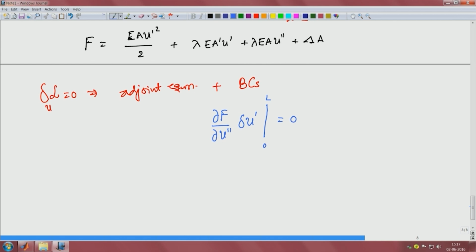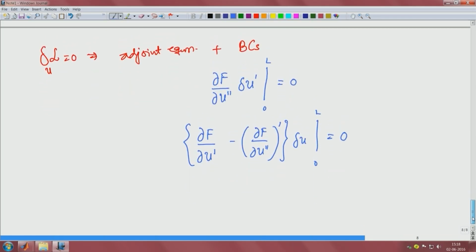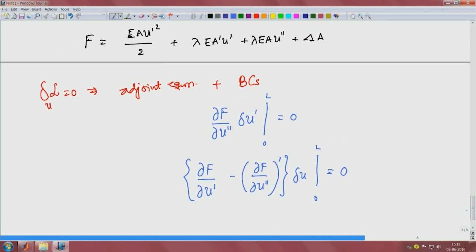And we have the next one, which is ∂f/∂u' minus the derivative of ∂f/∂u'', this whole thing times δu at either end should be equal to 0. There are two sets of boundary conditions. I say sets because they have to be valid at x equal to 0 as well as x equal to L.